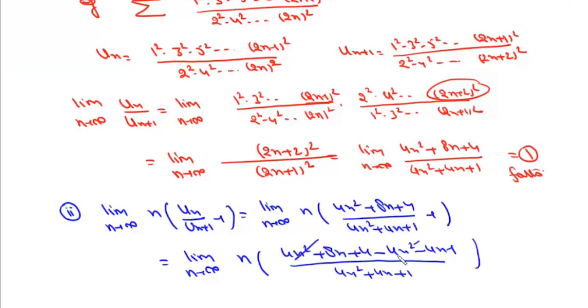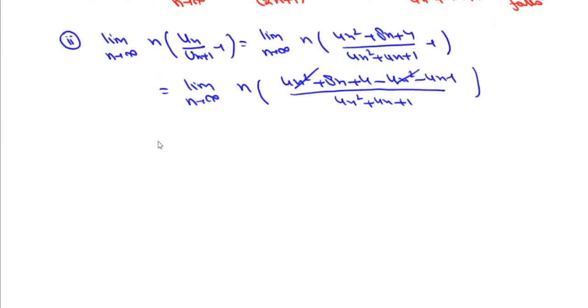Now here 4n square will cancel. We'll get this limit, n tends to infinity, (4n square plus 3n) upon (4n square plus 4n plus 1).